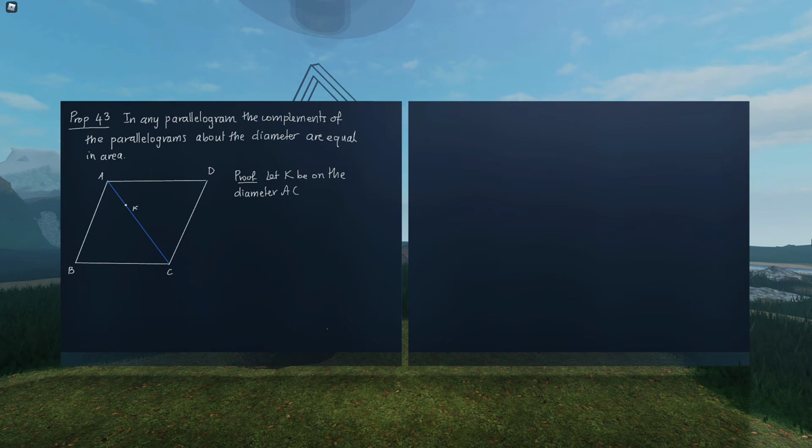And then I can draw through that parallel lines, one parallel to AB, like so, and one parallel to AD, like so.